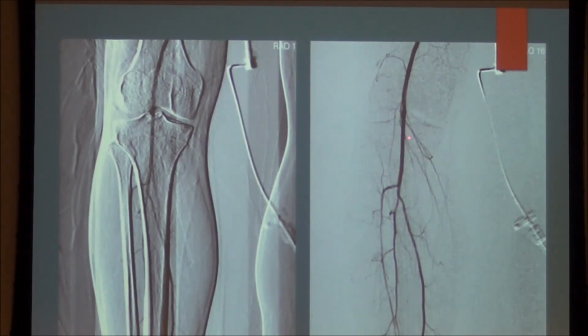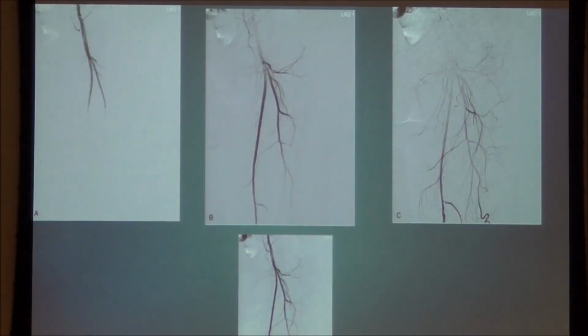You can see the geniculate arteries, anterior tibialis, on all the three vessel runoffs. So what it does is that it removes the motion artifact, and also it removes all the unnecessary parts of the tissues like bones, muscles. The only thing you see is the flow of the contrast through the vessels.